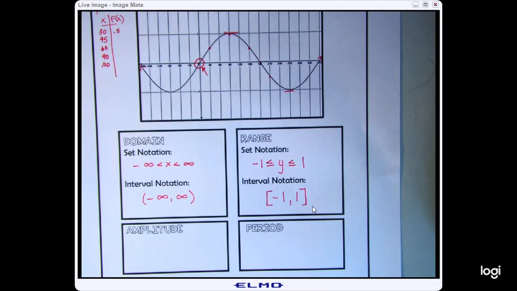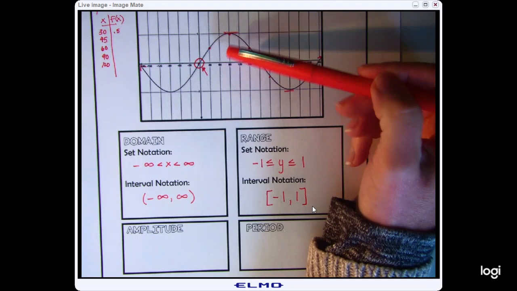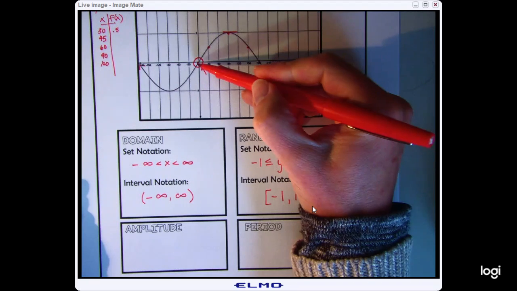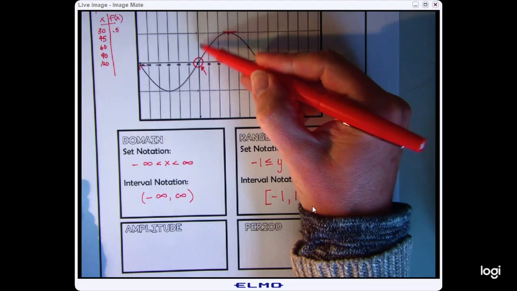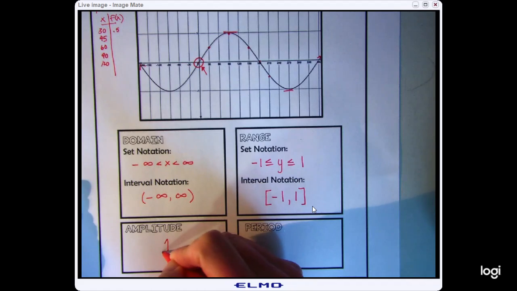Some of you are familiar with waves, whether it be sound waves or otherwise. And the amplitude has everything to do with how tall is that wave. And so when we're talking about amplitude, we're looking at distance from center. So here we are at 0. It has an amplitude of 1, right?